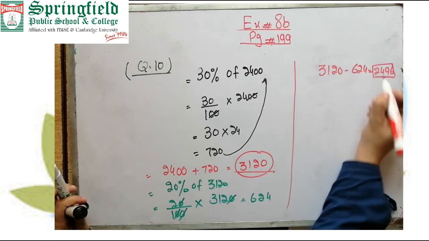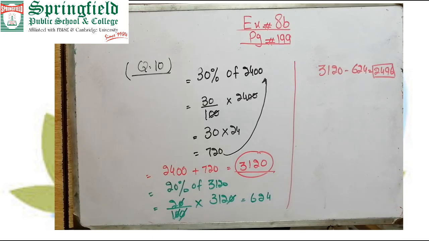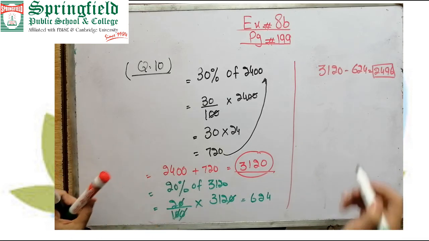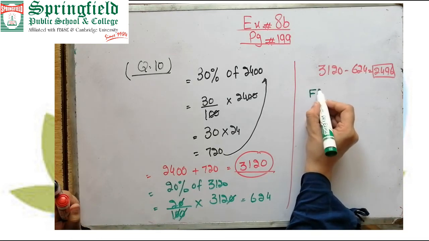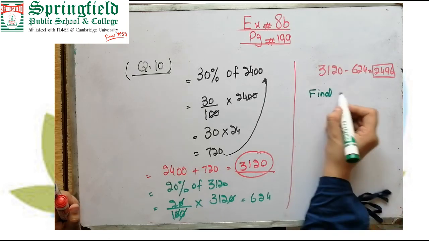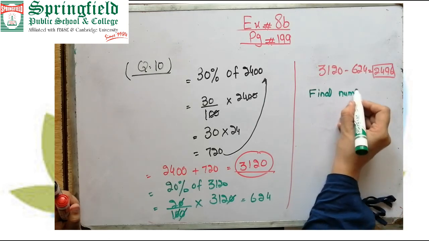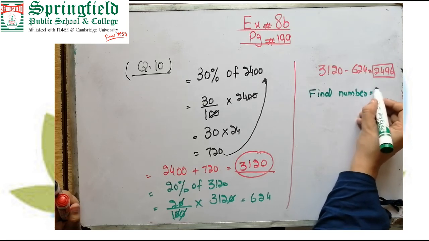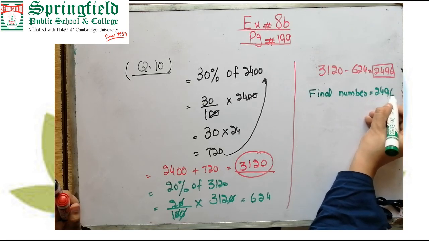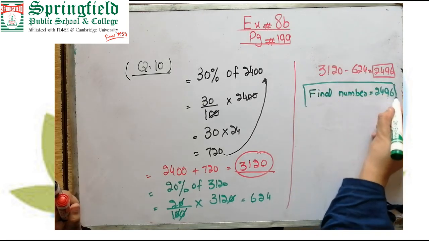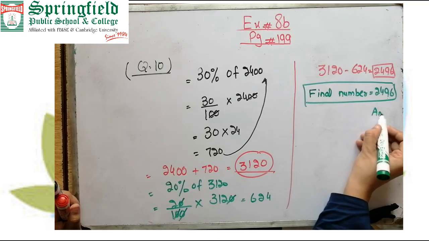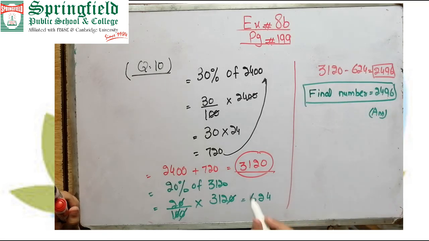And this is your final amount. Final number is equal to 2496. Understood, beta? And this is your answer. They are asking about the final number.